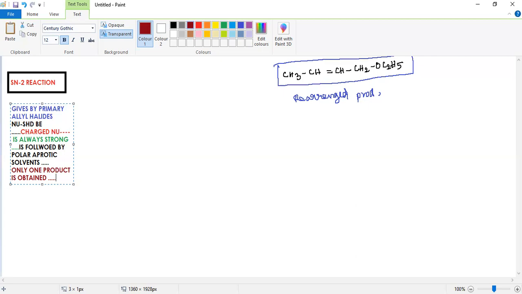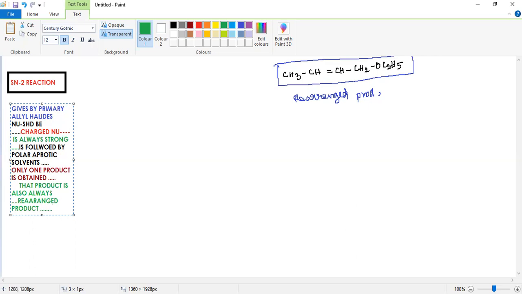Next, what about the product? And always the product is also a rearranged product. That product always has the rearranged structure.